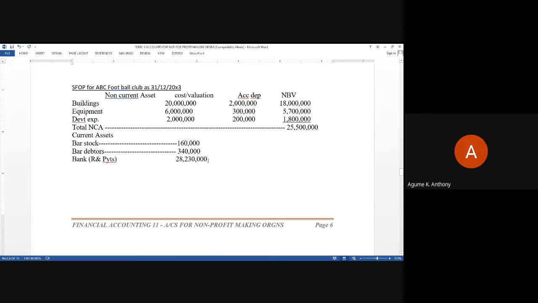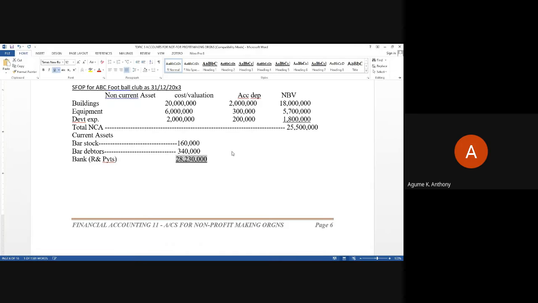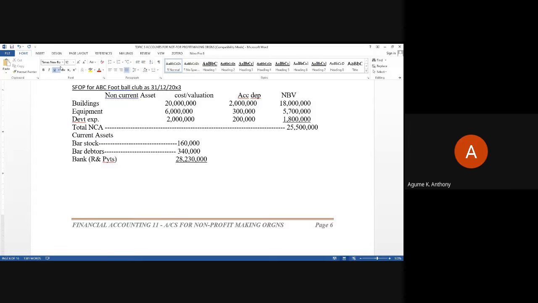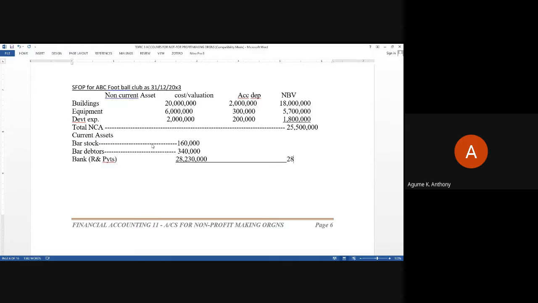Then if I add my total non-current assets here, of course it would be 28,730,000.